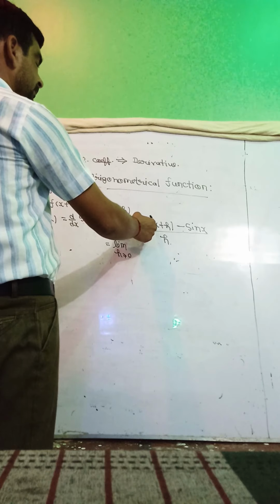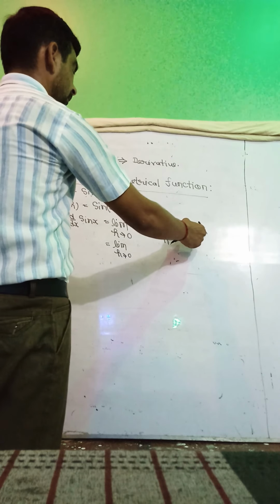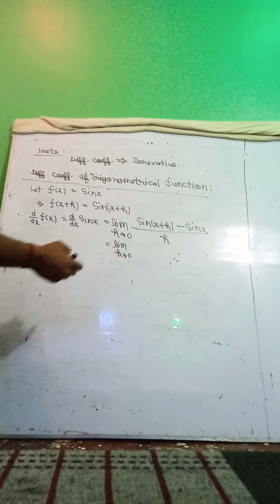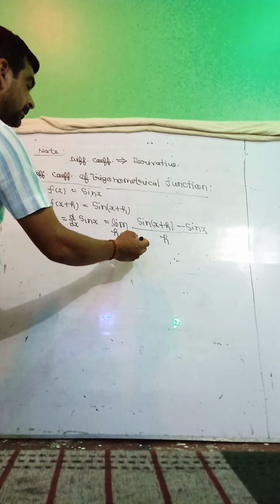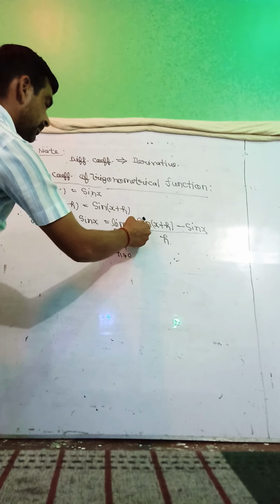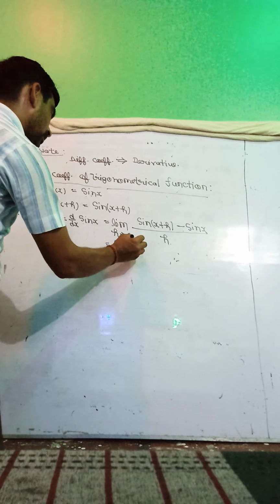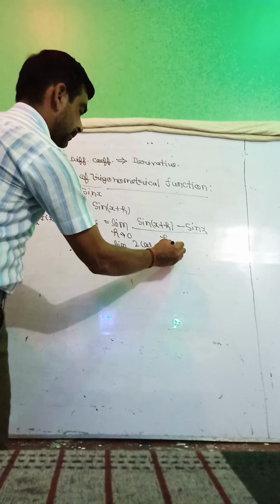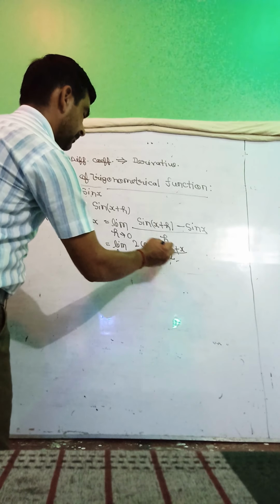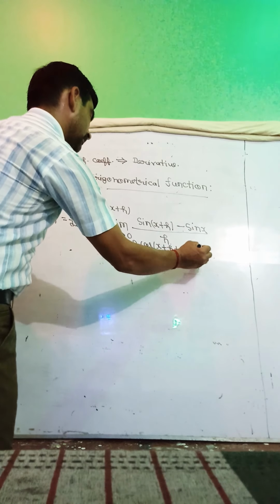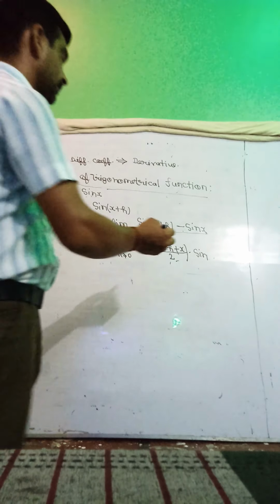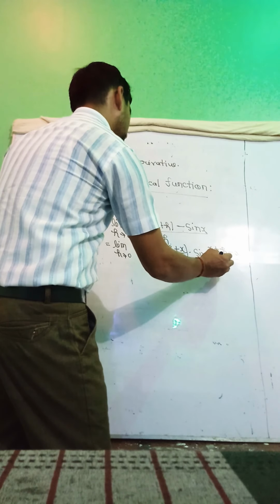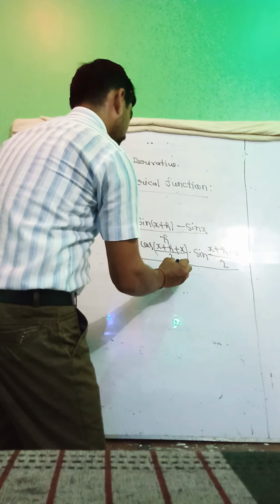Here we suppose x+h is c and x is d. So here use the identity sin c minus sin d equals 2 cos((c+d)/2) into sin((c−d)/2). So limit h tends to 0, 2 cos((x+h+x)/2) into sin((x+h−x)/2) divided by h.